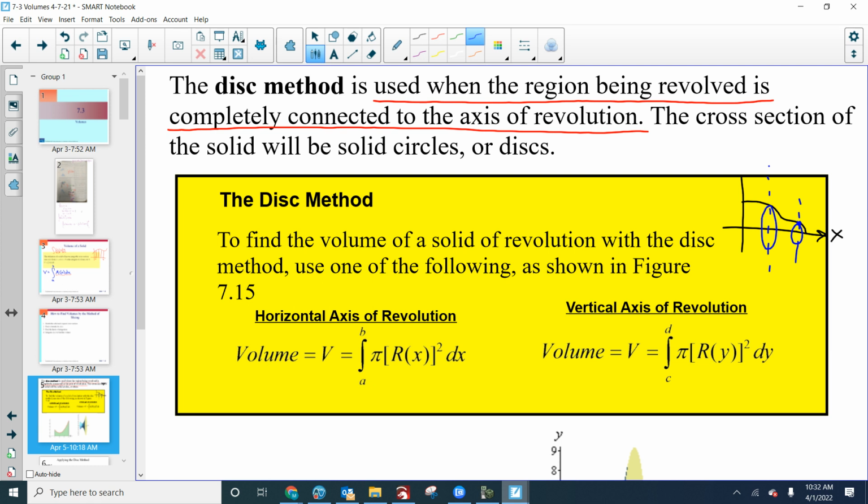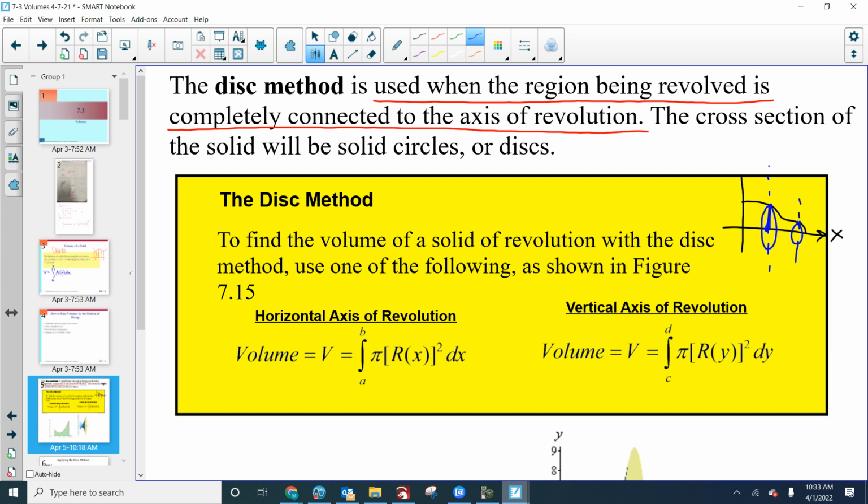Now, if I wanted to find the area of that one circle, what would I need to know? The only thing you need to find the area of a circle is the radius. What's the radius of that circle? It's the height of the function.